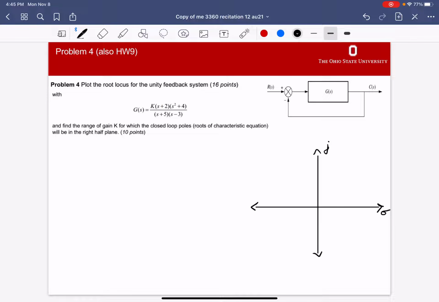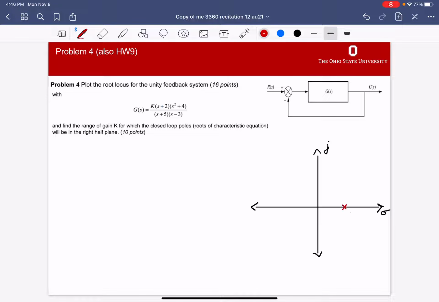And again, here since they're not specifying that they want you to draw this by hand, probably we don't need to be too precise, or you can use a MATLAB plot as well. But just to quickly sketch out a root locus, since everything is factored out already, let's start off with the poles.